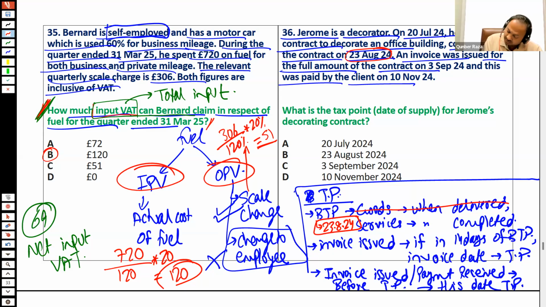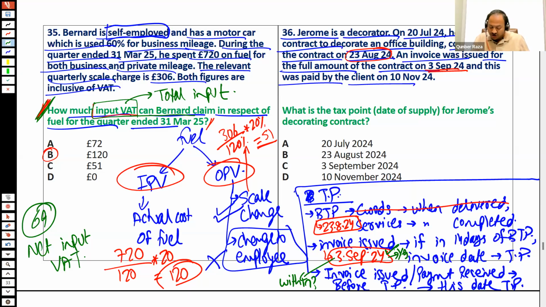Invoice issued 3rd September 24. Is invoice issued within 14 days? Yes. So invoice date becomes the tax point.